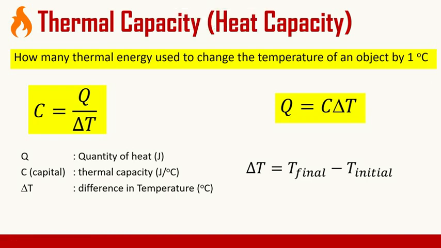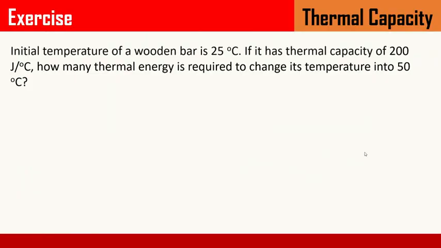Now, how do we use the formula? This one. Okay, I'm going to give you 10 seconds to read the question. Okay, from here we can get some information. 25 degrees Celsius is the initial temperature, the thermal capacity is 200 joule per degree Celsius, and the final one is 50 degrees Celsius.